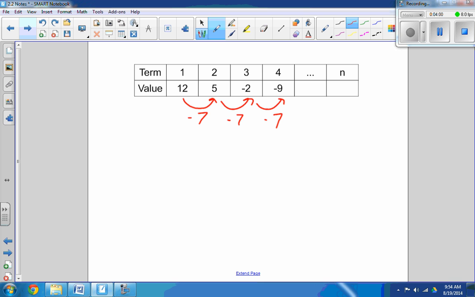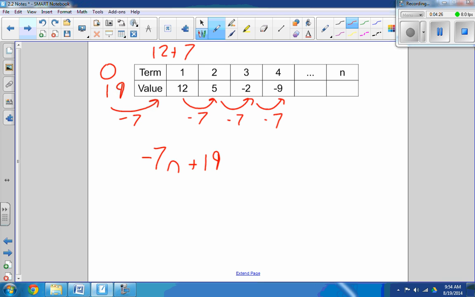I'm going to do this in both ways. I'm going to look at term 0. If I go down by 7 and I hit 12, that's 12 plus 7. So term 0 is 19. So my equation would be negative 7 times n plus 19.